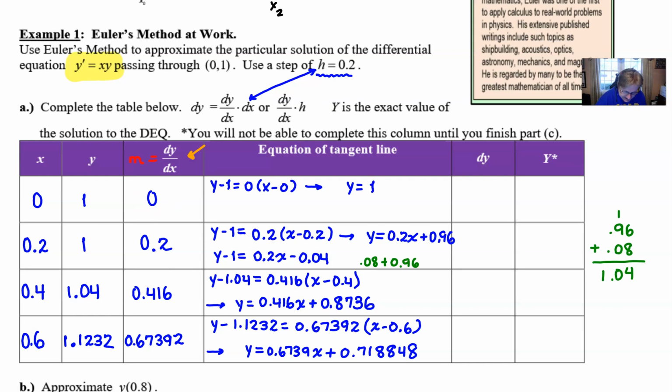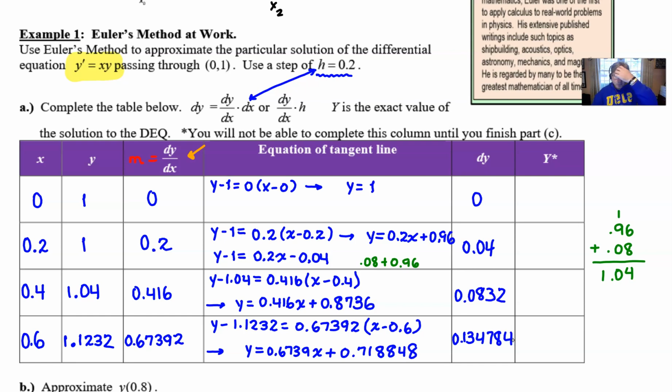So if I take 0 times 0.2, I of course get 0. 0.2 times 0.2 is 0.04. And if I continue that, I know these are going to get a little bit tougher to do, but a calculator could certainly handle these pretty well. This one's pretty bad. It's 0.134784.